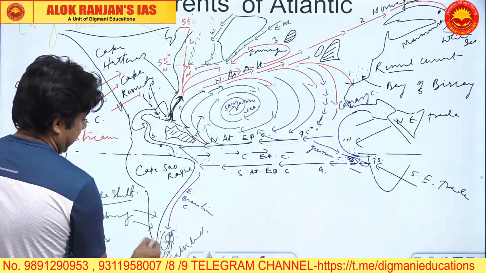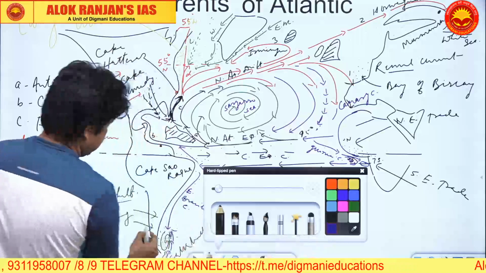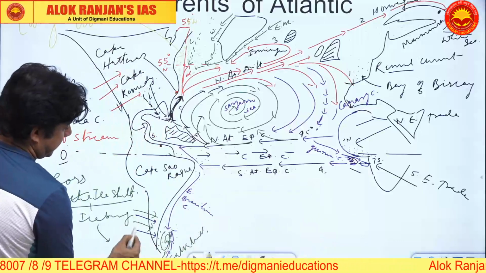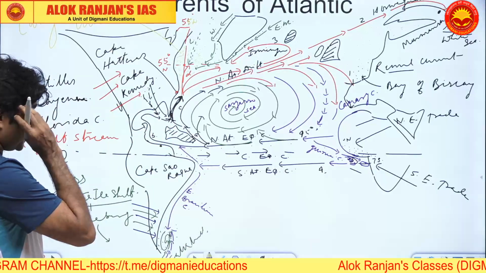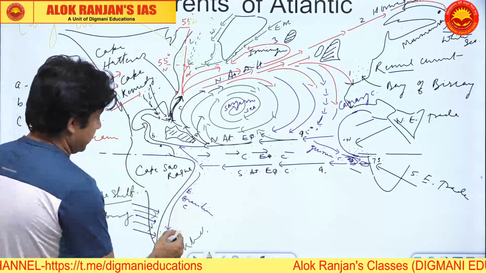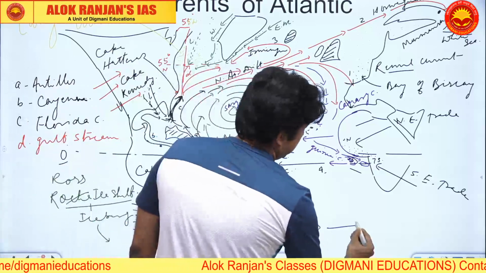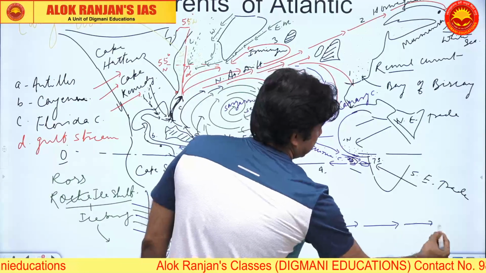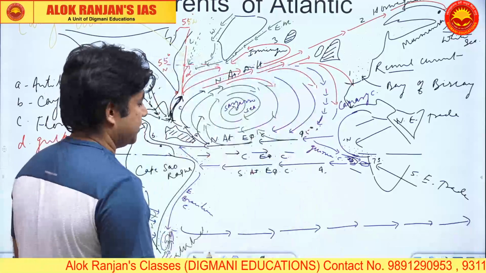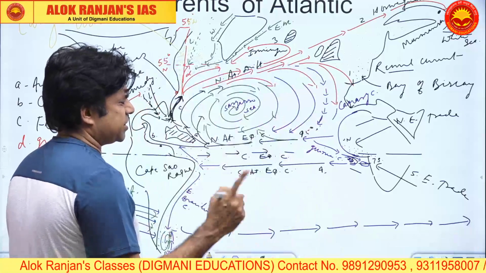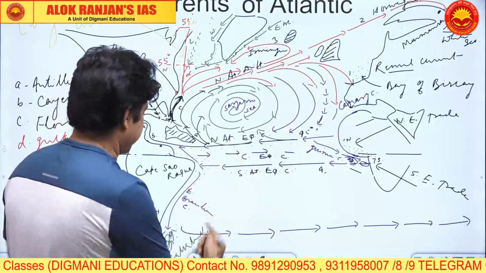Now this part is having the westerlies wind. Now westerlies are driving the cold water which is going to encircle the entire globe roughly around 45, 50, 65 degree southern latitudes.